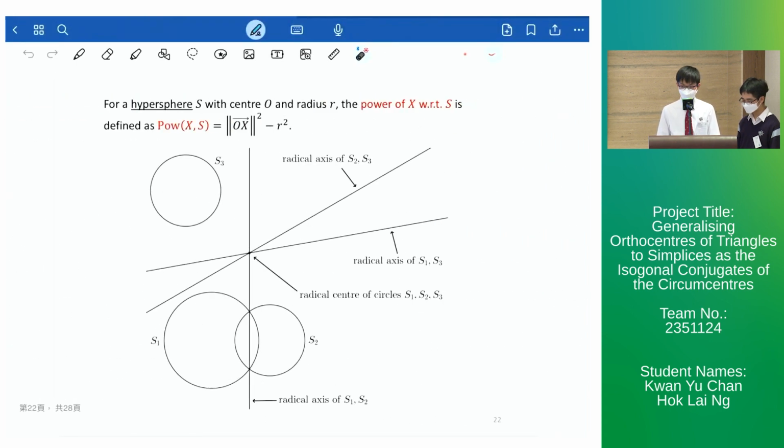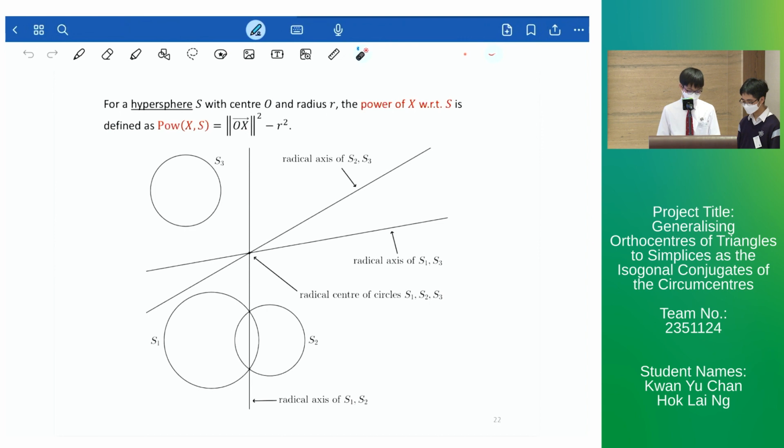To state our last result, we need to introduce the higher dimensional analogs to two plane geometry notions. 1. For a hypersphere S with center O and radius r, the power of a point X to S is defined as the length of OX squared minus r squared.